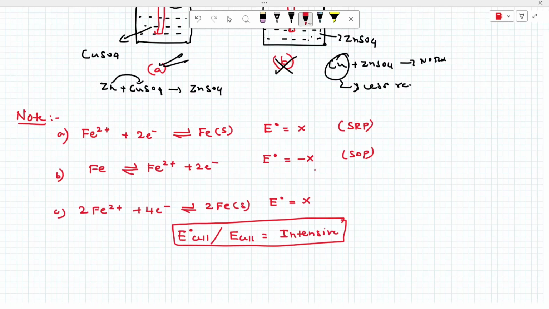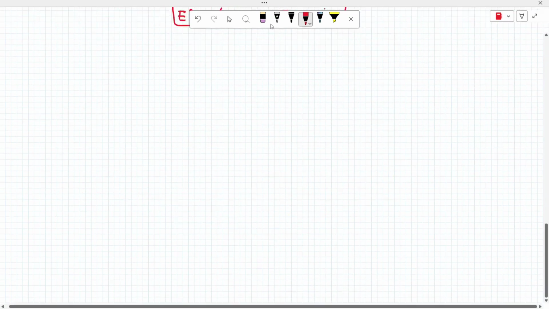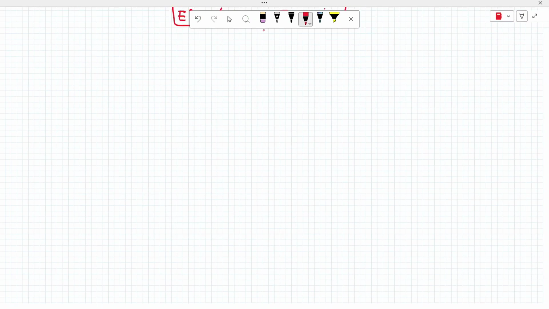Okay, next topic is very important. We have to calculate the Gibbs free energy. Please note. Very important topic: change in Gibbs free energy and E naught cell.